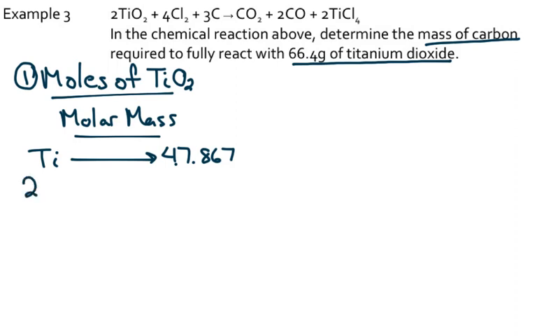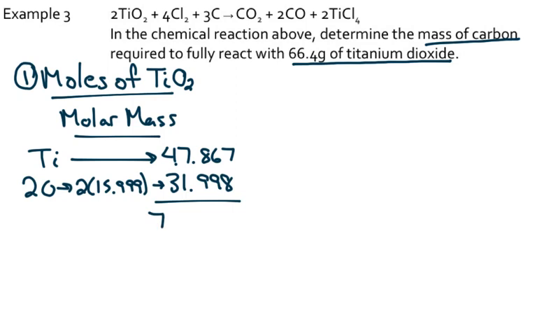We also have two oxygen atoms, each of which weighs 15.999, giving a total of 31.998. Add those together, and the molar mass of titanium dioxide is 79.865 grams per mole.